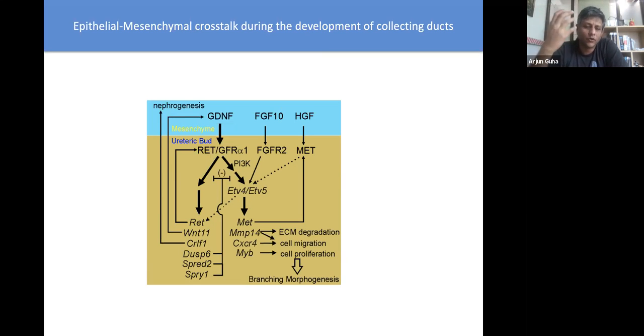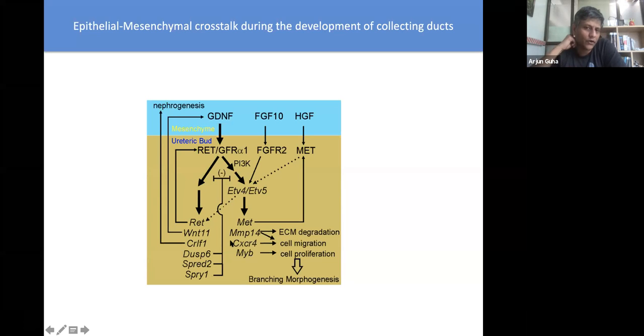But if in this mutant background, you choose to remove a negative regulator of RTK signaling, which is Sprouty, then you can partially restore branching. And this is what led people to discover that in addition to signals like GDNF and RET GFR alpha, there must be other signals, arguably, which are acting via a receptor tyrosine kinase-based signaling pathway to regulate branching morphogenesis.